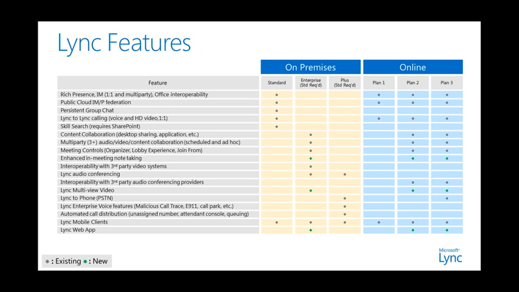The Standard CAL just gives you your rich presence capability, group chat, and federation as well. On the online side, there are three Lync Online plans: Plan 1, Plan 2, and Plan 3. Plan 1 just gives you really basic Lync connectivity, but with Plan 2 and Plan 3, there's a much more comprehensive capability, almost up to the standard of the Enterprise CAL.